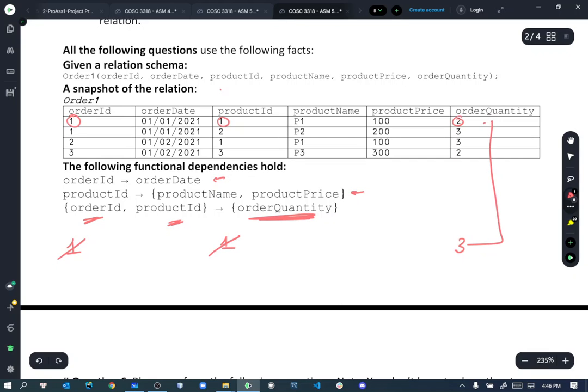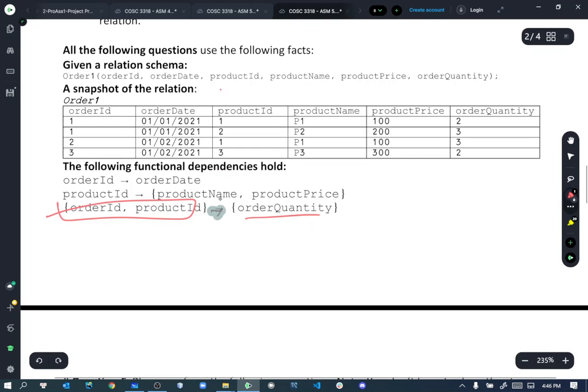I should just update this one and add 3, which means I should never have this. Which means that order ID and product ID should never be repeated, which means that order ID and product ID can determine order quantity, and that is what is given here.